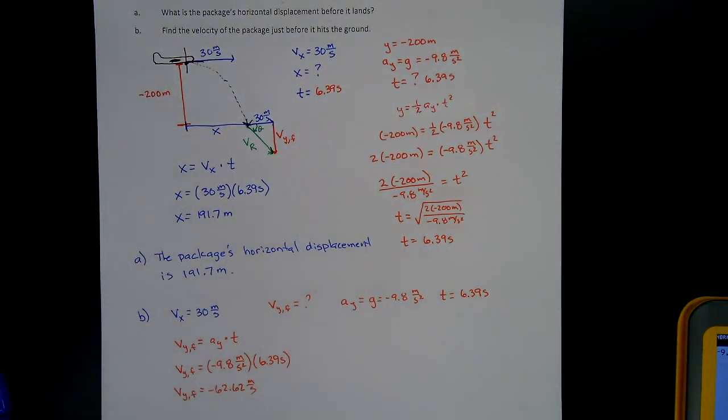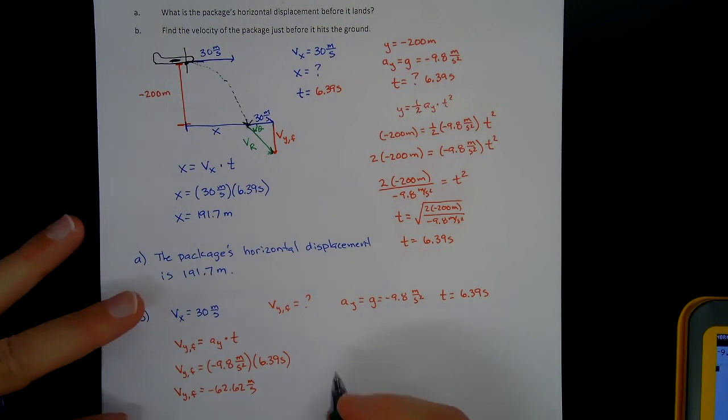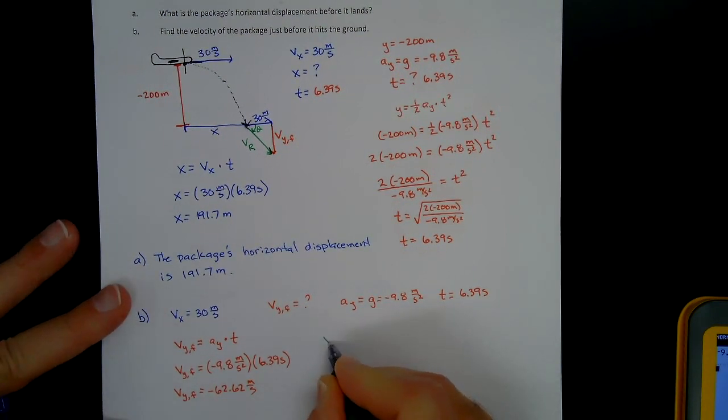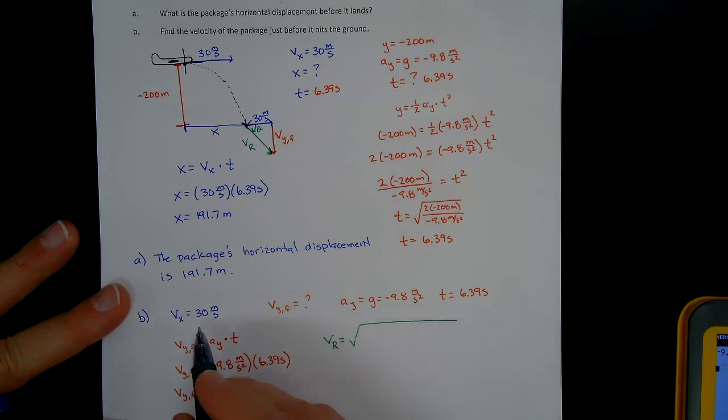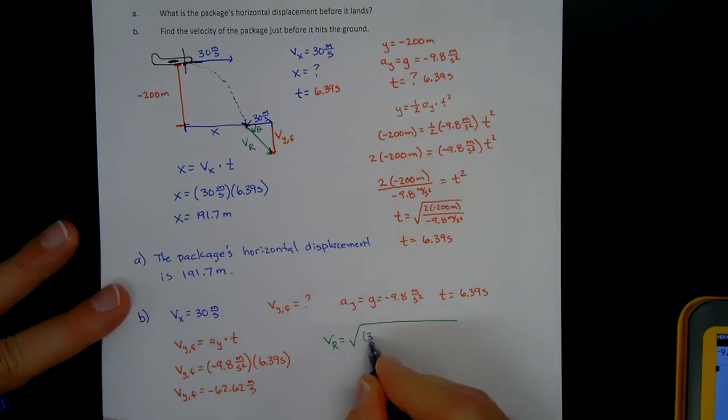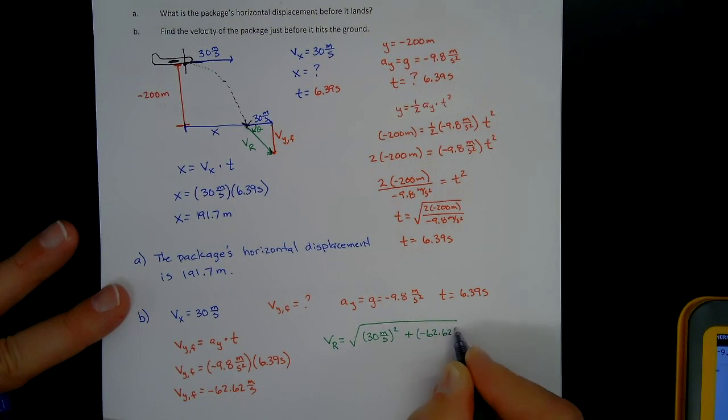Now what we need to do is find the magnitude of the vector. So the resultant velocity is equal to the square root, we're just using the Pythagorean theorem, of 30 meters per second squared plus negative 62.62 meters per second squared.